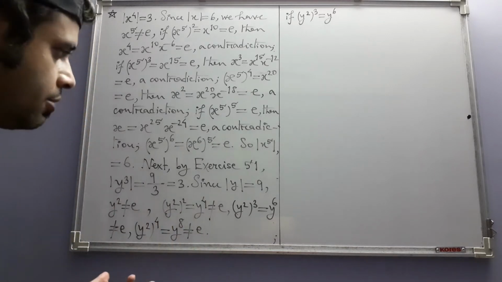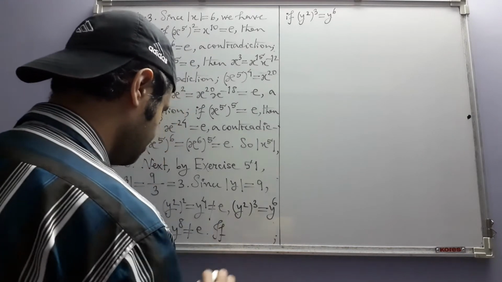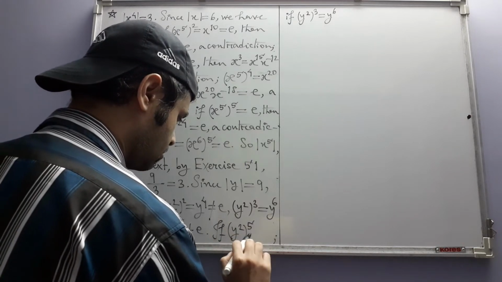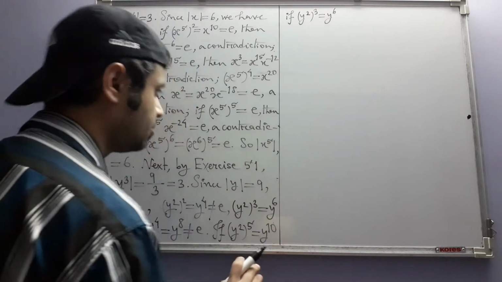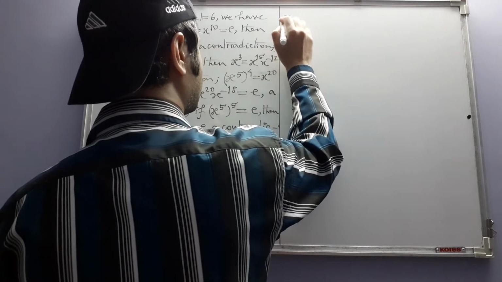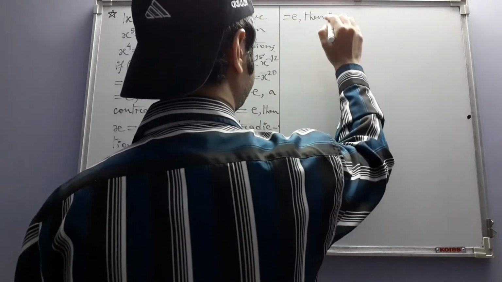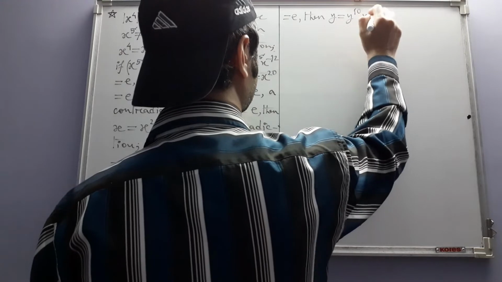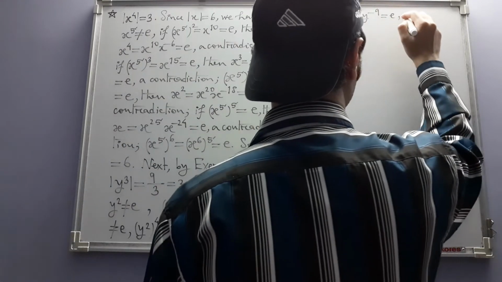Okay, so now we can look at the higher powers. If y to the power 10 becomes the identity, then this is identity, a contradiction.